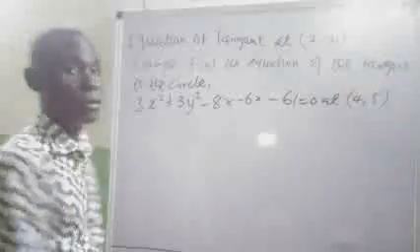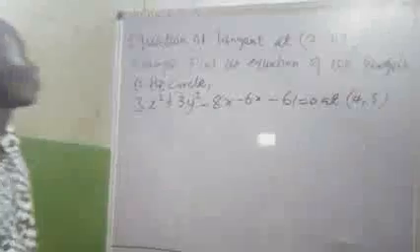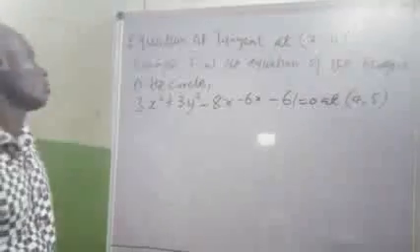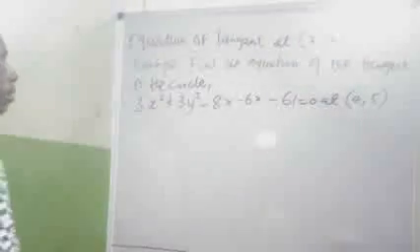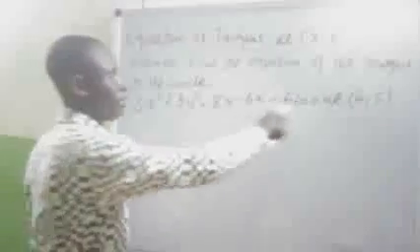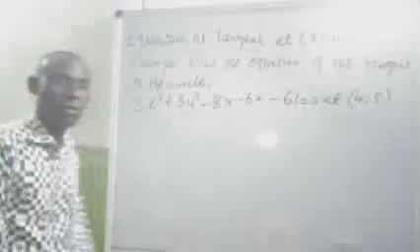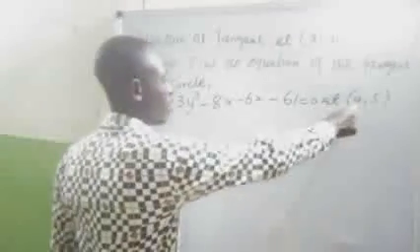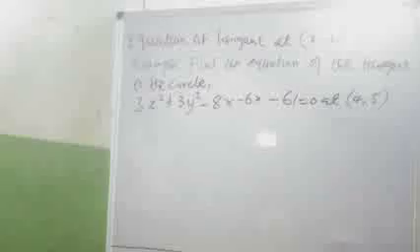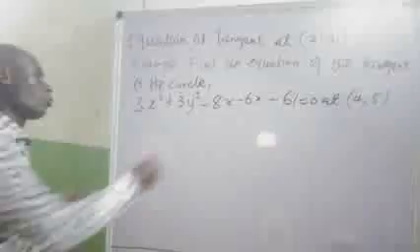Now let's look at this. We're asked to find the equation of the tangent to the circle 3x squared plus 3y squared minus 8x minus 6y minus 61 equals 0 at x1 equals 4 and y1 equals 5.